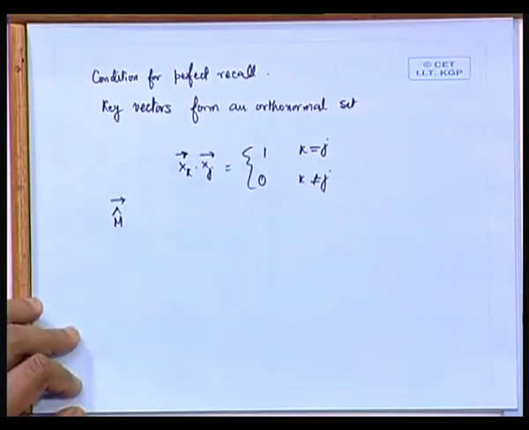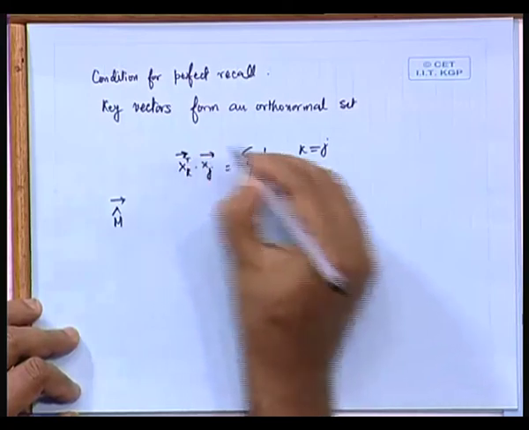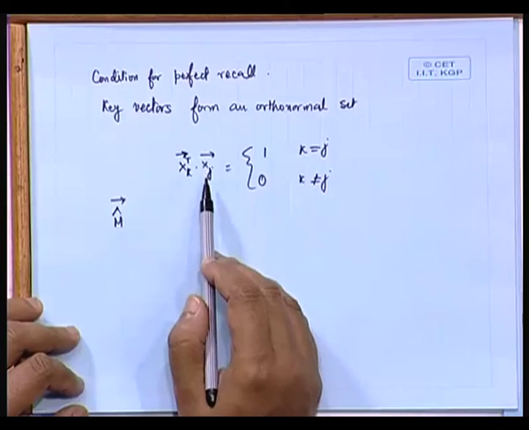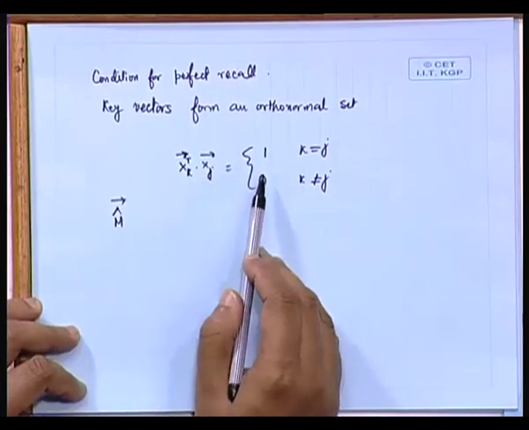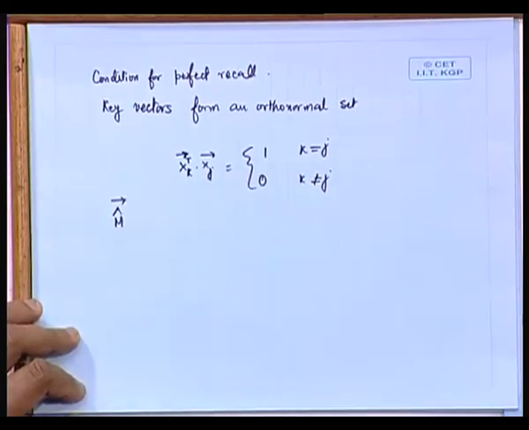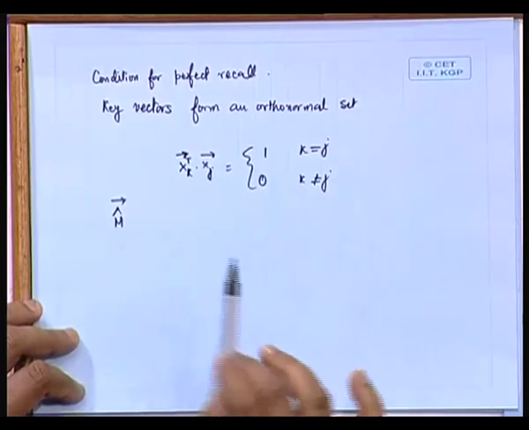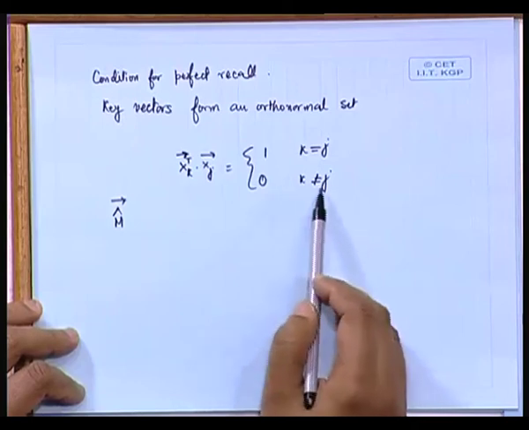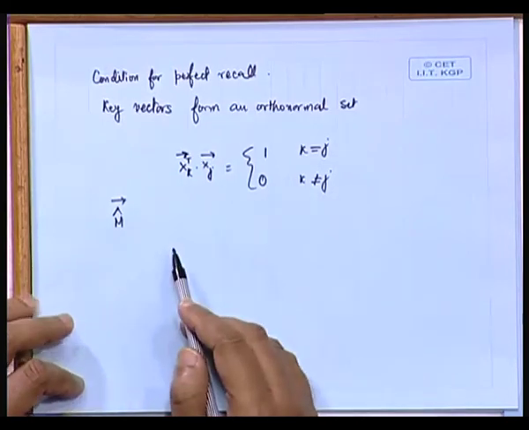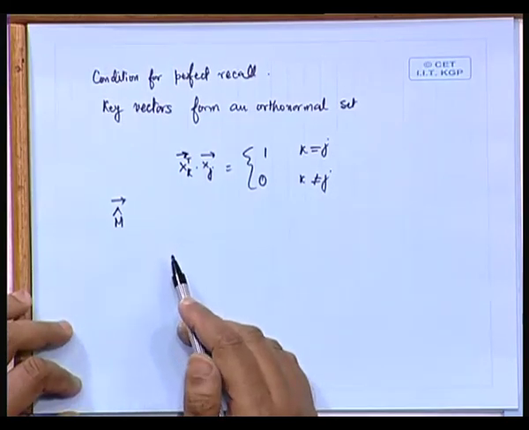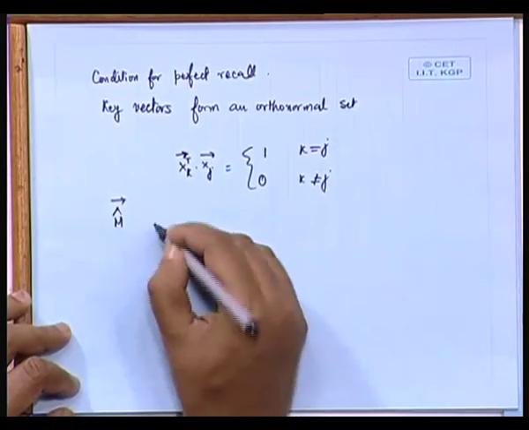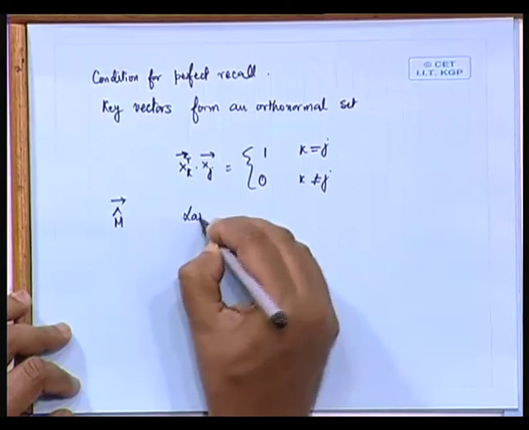And x k transpose x j is equal to 1 for k equal to j and equal to 0 for k not equal to j.